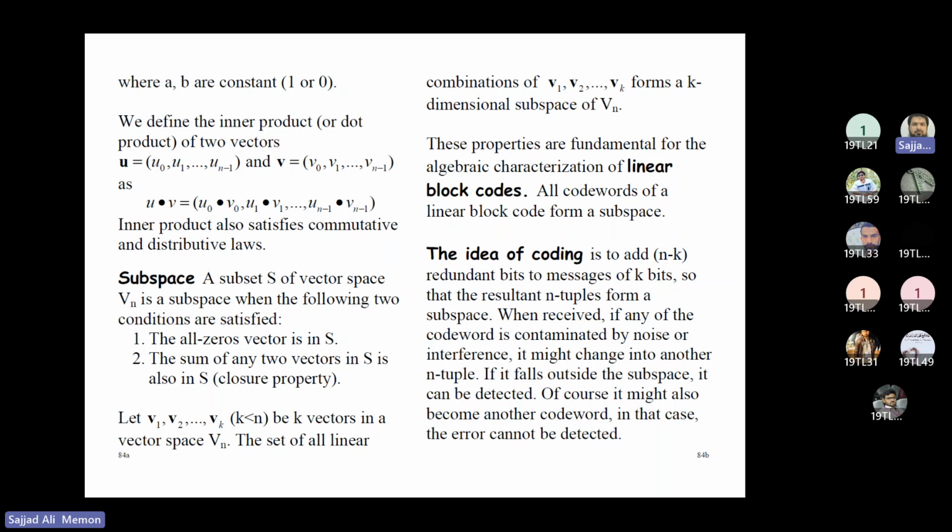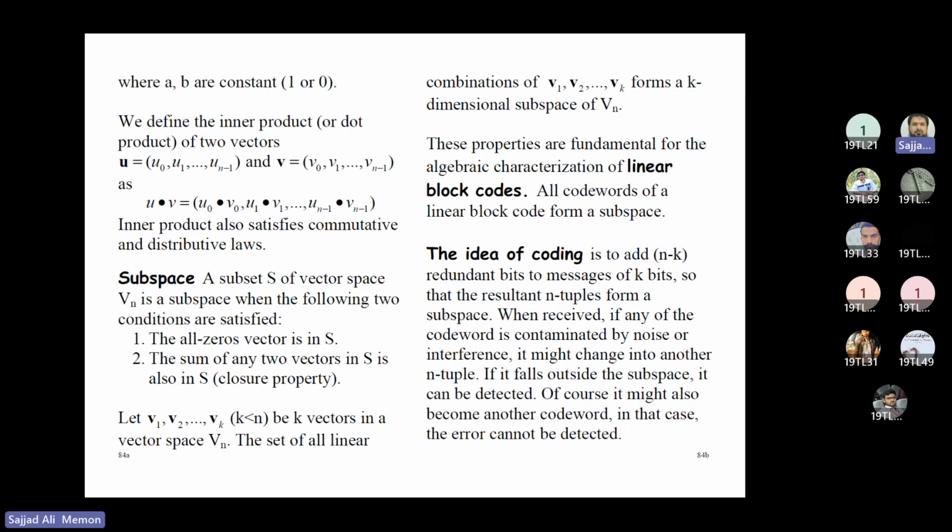So Vk vectors in a vector space Vn. The total vector space is Vn based on n, and k is the vectors in the subspace. So the set of all linear combinations forms a k-dimensional subspace of Vn.